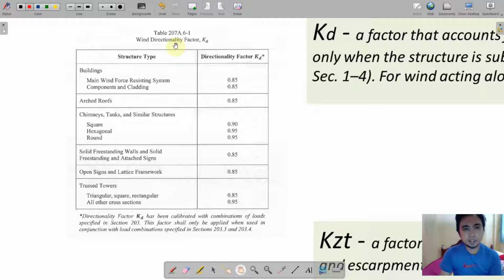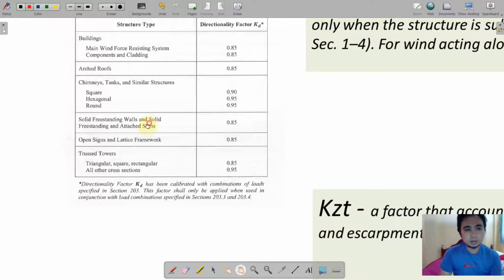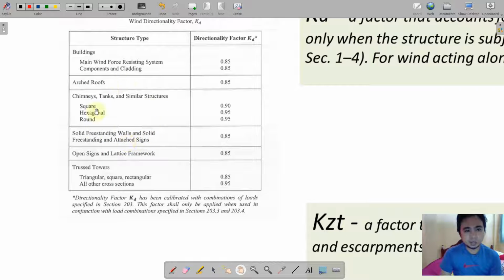We have Table 207A.6-1. We're just gonna use this for structure type: buildings with the MWFRS, components and cladding, arch roof, chimneys, tanks, and similar structures, solid freestanding walls, etc. So those are the factors.